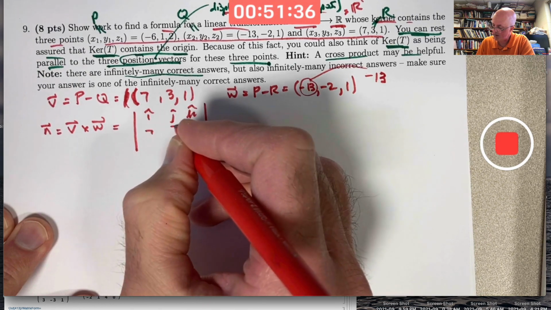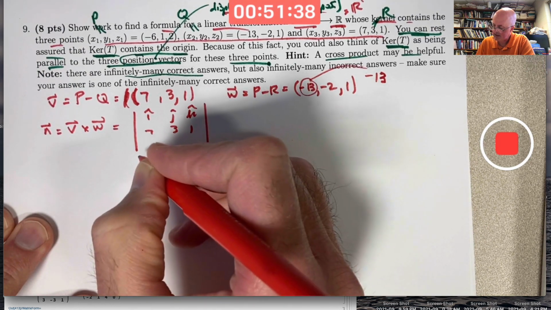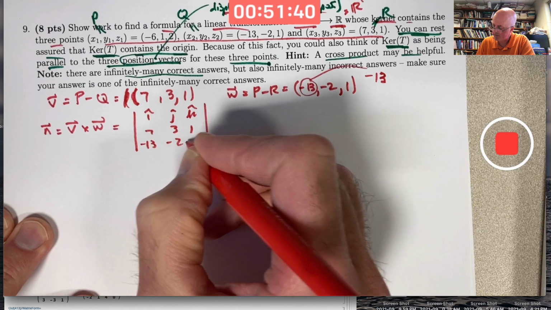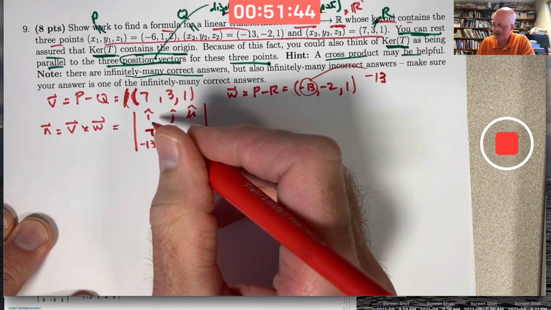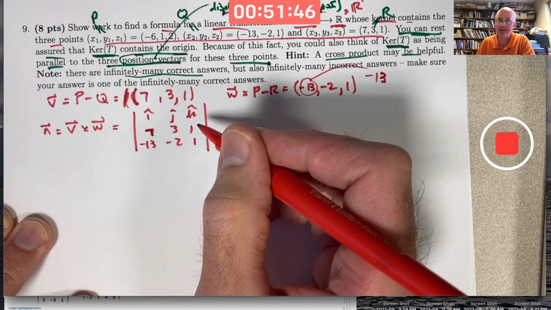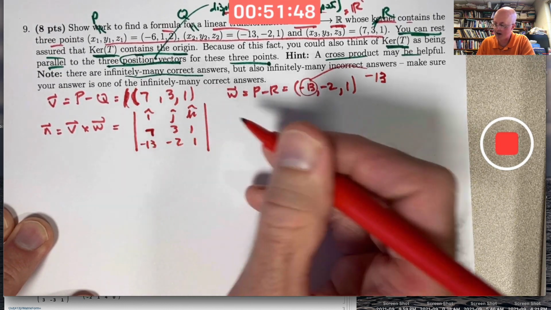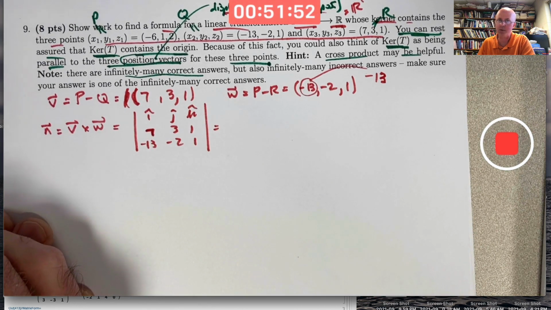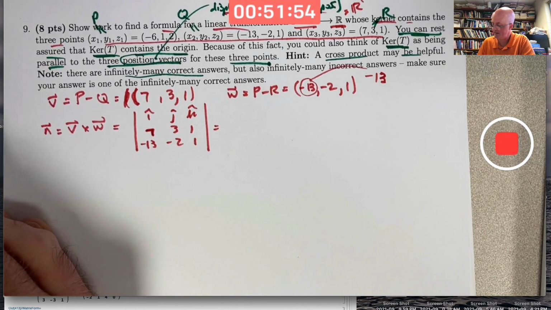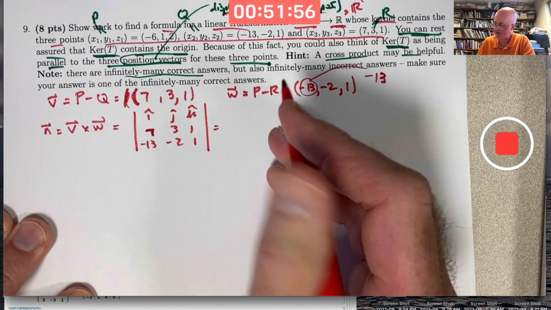V is 7, 3, 1. W is -13, -2, 1. Take the determinant of this. Even though i hat, j hat, and k hat, the standard unit vectors, are not numbers but vectors, just pretend they're numbers for the sake of doing this formal determinant. It's not a true determinant in the usual sense.